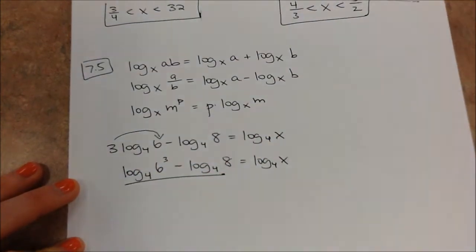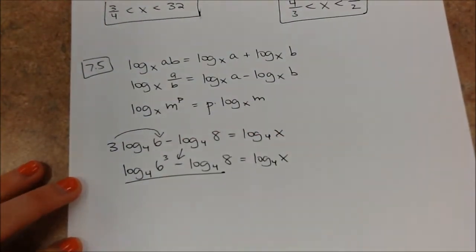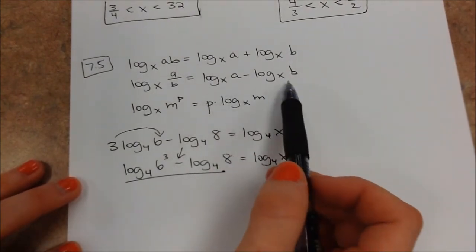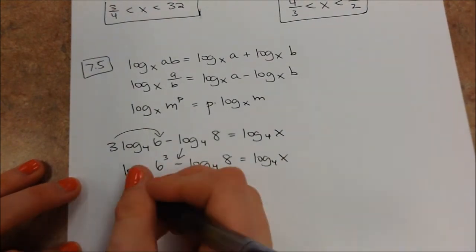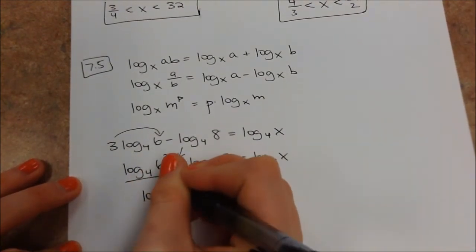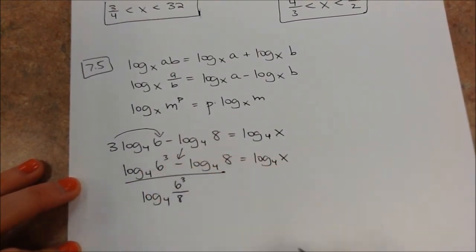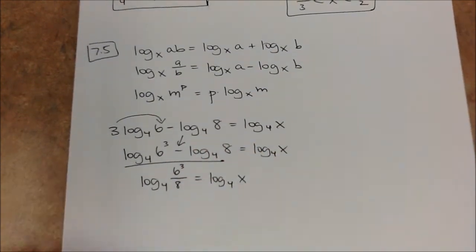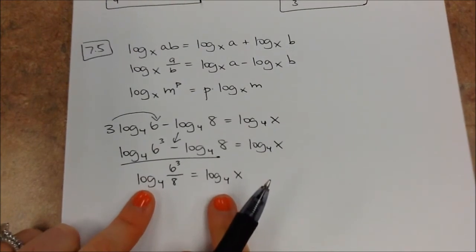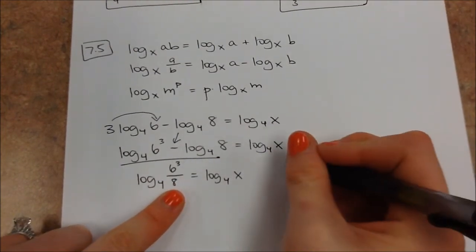And then over on the left-hand side here, you've got subtraction in the middle, and subtraction should lead you to this property right here, which means you combine them up as one log with a quotient inside. Okay, and then finally, now that you only have one log on each side, you can just set the insides equal to each other.